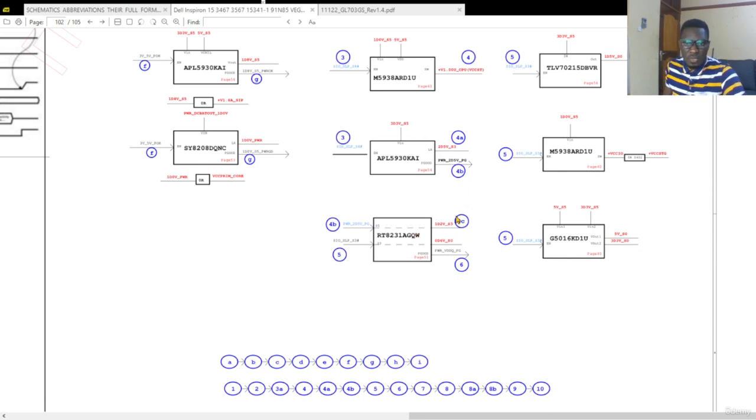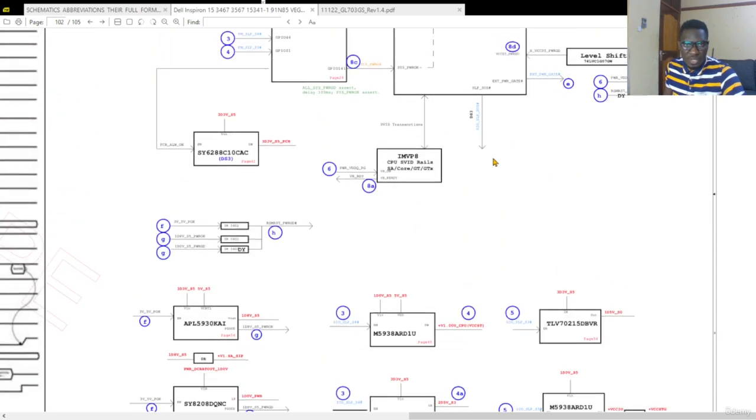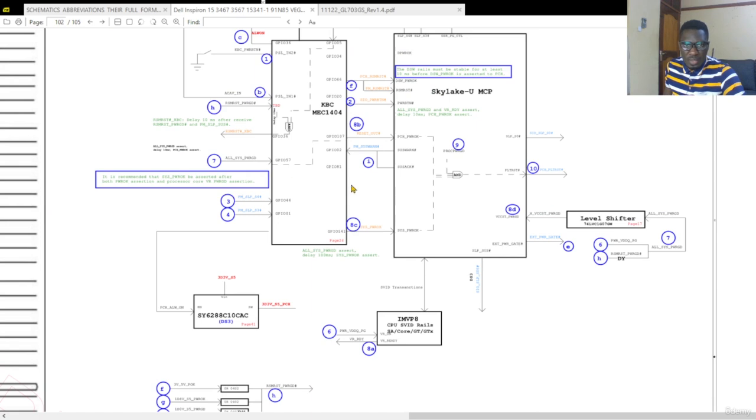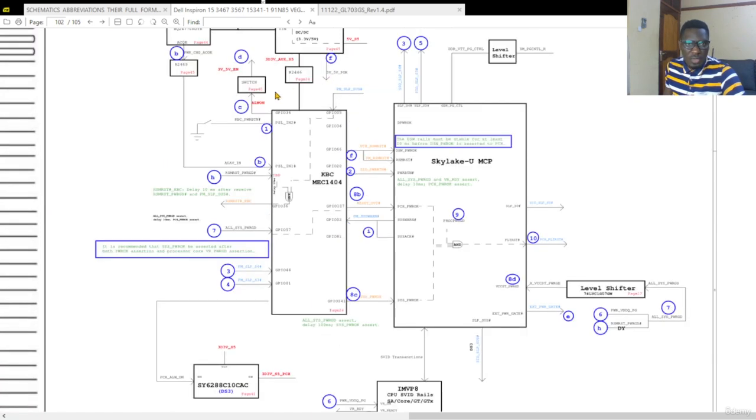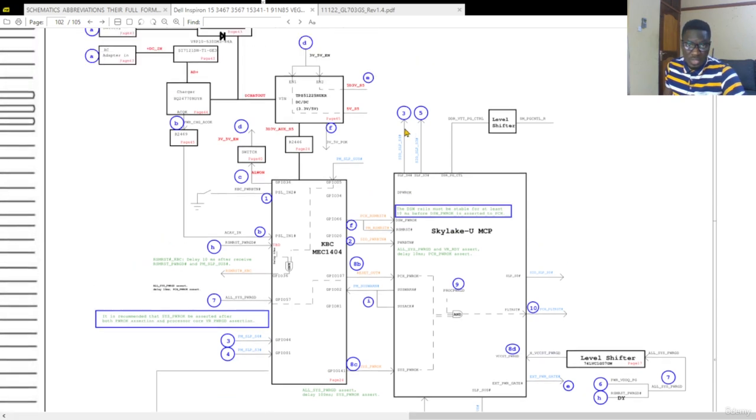So 5 has got many places. We have 5 here, here, here, and here. It means all those steps come at the same time. Then if you take a look at the control chips, we don't see any 5. Oh, actually we see it here. After 4C, this chipset gives out SIO sleep S3.